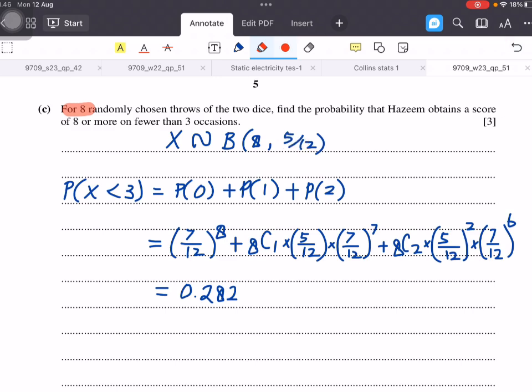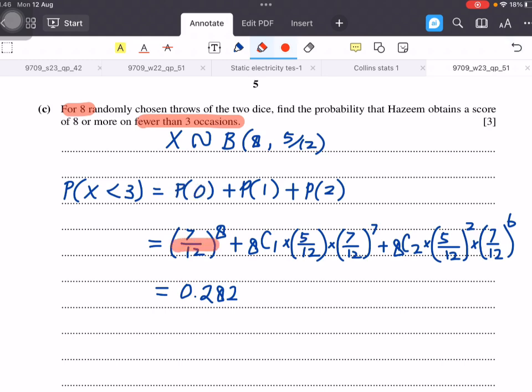The question asks the probability that Hazim obtained a score of 8 or more on fewer than 3 occasion. So P(X < 3). P(X < 3) is the same as P(0) plus P(X = 1) plus P(X = 2). So we are using binomial distribution formula, P(X = 0).